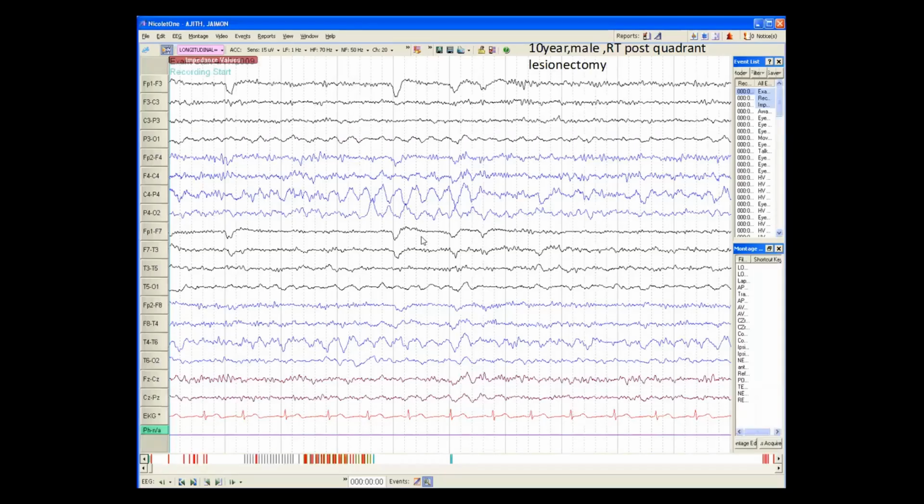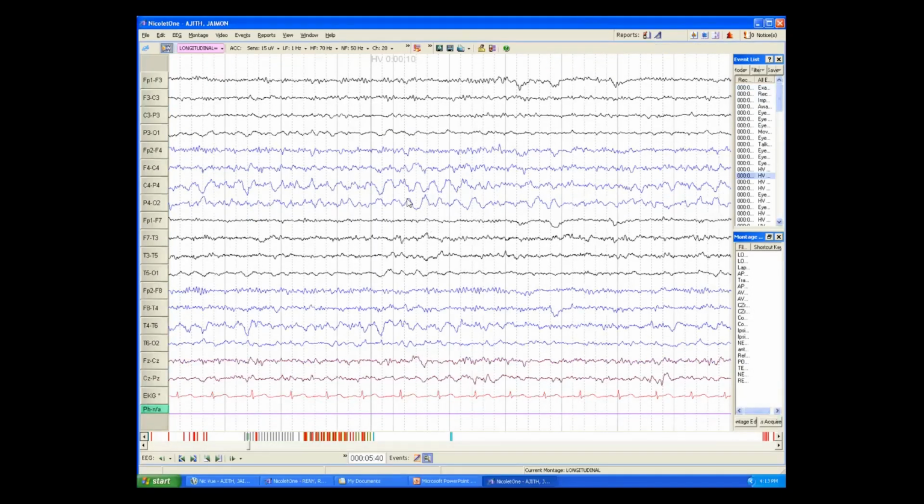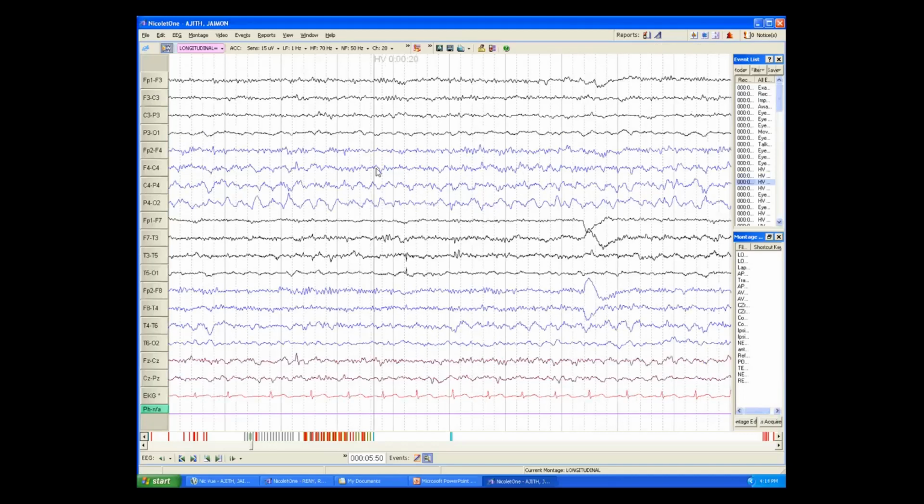So this is a 10-year-old male who has undergone a lesionectomy on the right posterior quadrant of the occipital region. In this patient, you can see that there are some slow waves even at rest in the right posterior region. So as the patient does the HV, what happens? There is persistence of this slow wave abnormality, which you can see in blue color, in the posterior region. Now the HV is into the 20th second, and we can see some kind of build-up of slow wave activity in the right posterior.